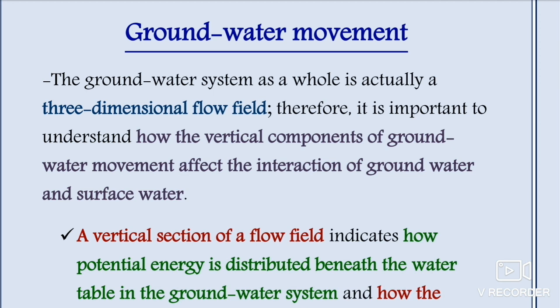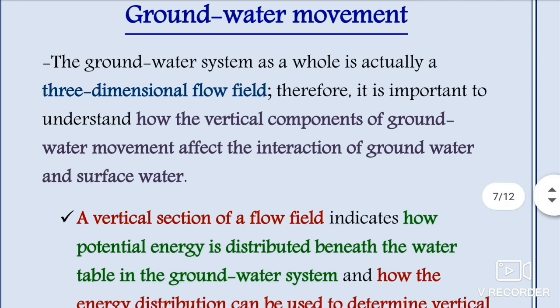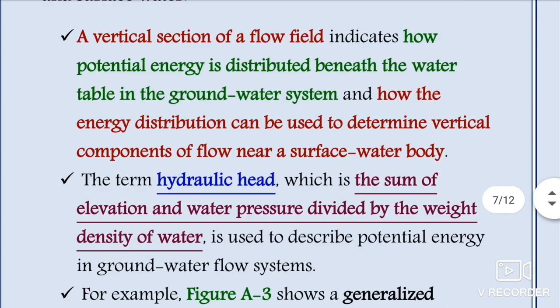A vertical section of a flow field indicates how potential energies are distributed beneath the water table in the groundwater system, and how the energy distribution can be used to determine the vertical components of flow near a surface water body.